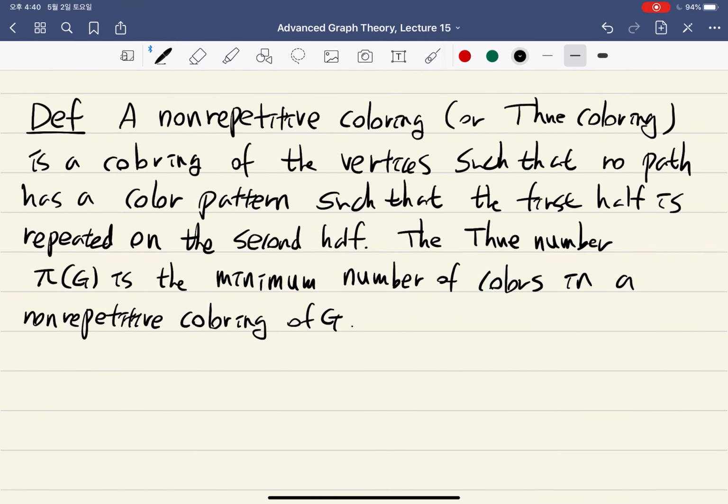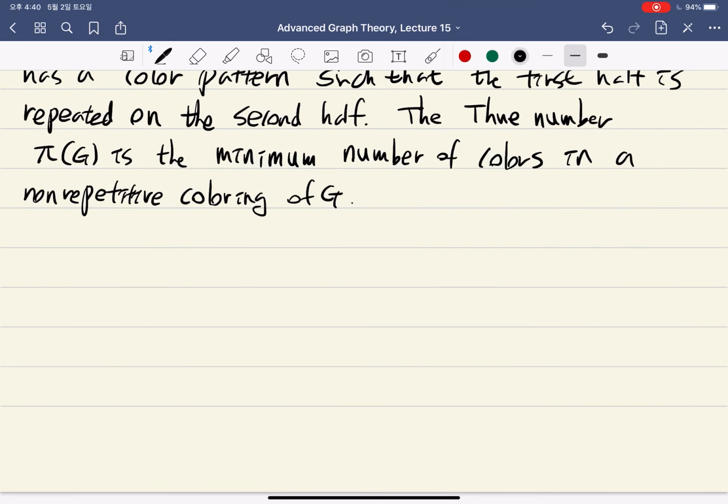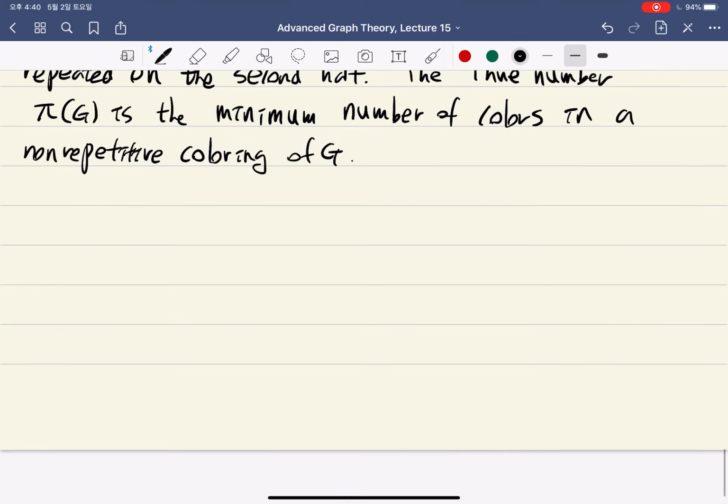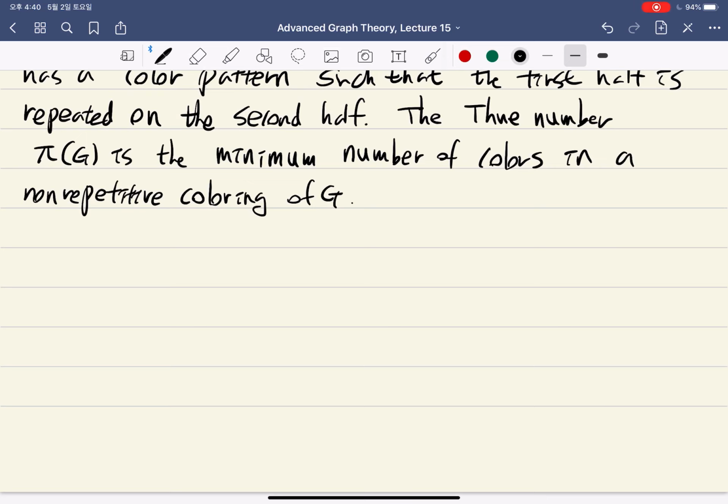So where does this name Thue come from? It's from a well-known sequence which is called the Thue-Morse sequence. Thue and Morse and another guy, Prouhet, at different times, considered the following sequence.